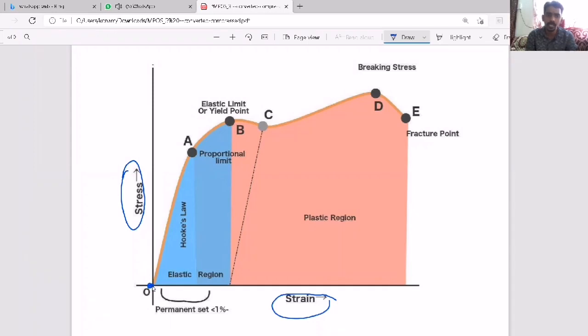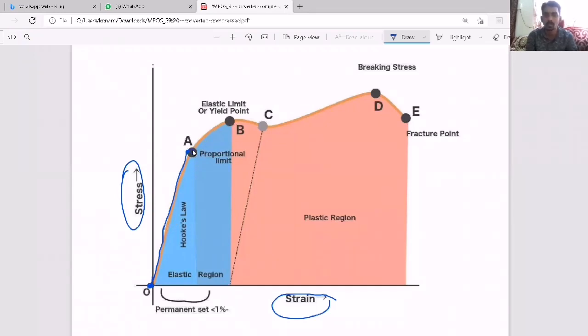Now when you start applying the deforming force, stress develops. As stress develops, strain also develops. So stress increases means strain also increases up to a particular point. Up to that point, stress is proportional to strain.